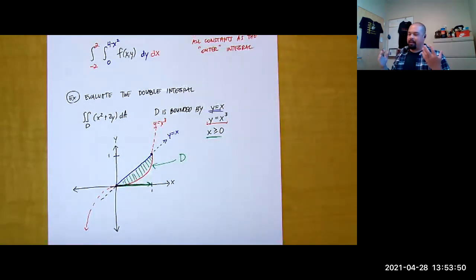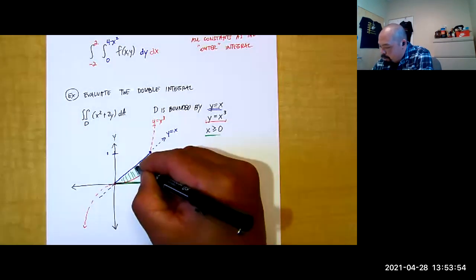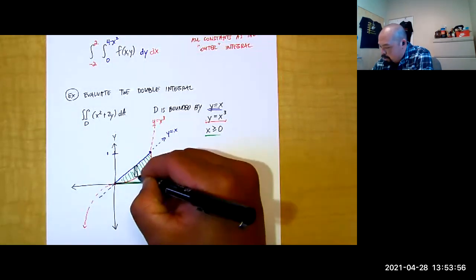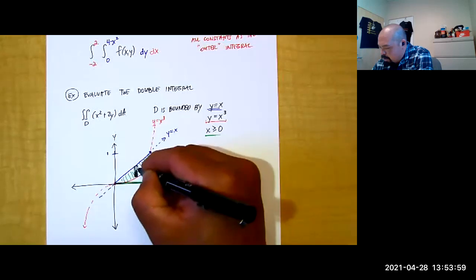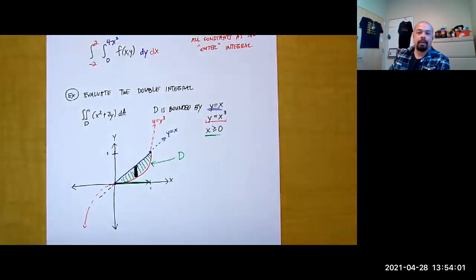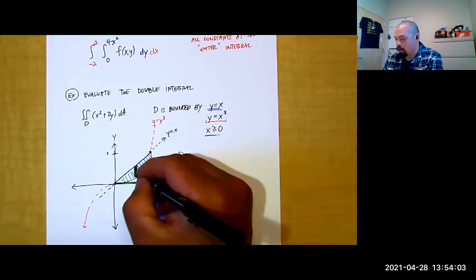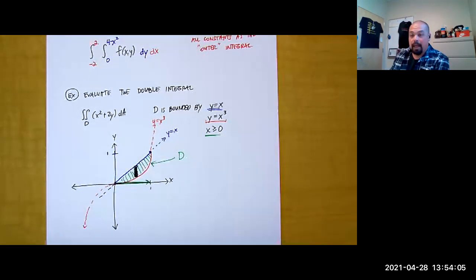Out of habit, out of just common practice, one thing we do is imagine drawing those little strips vertically, because if I'm going to fill those in, I'm going to go through the space.